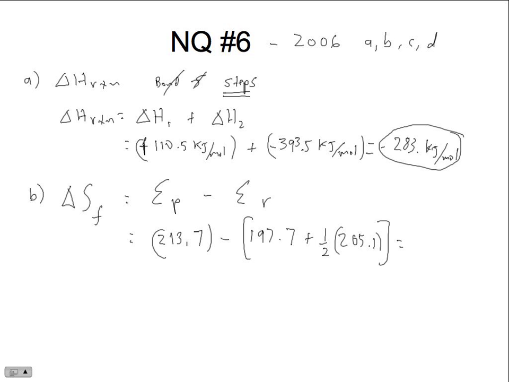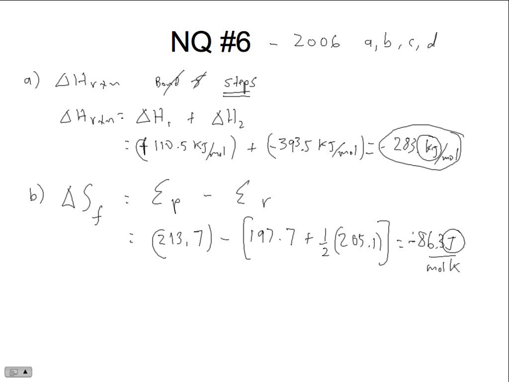So basically, 213.7 minus 300 equals. All right, so what we got here is a negative 86.3 joules per mole Kelvin. I want you guys to focus on this. Delta S showed up in joules, and everything else showed up in kilojoules. Kind of tricky.